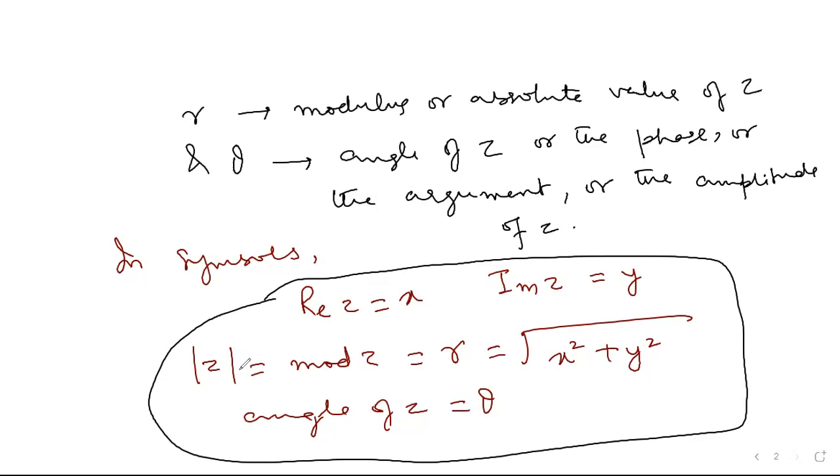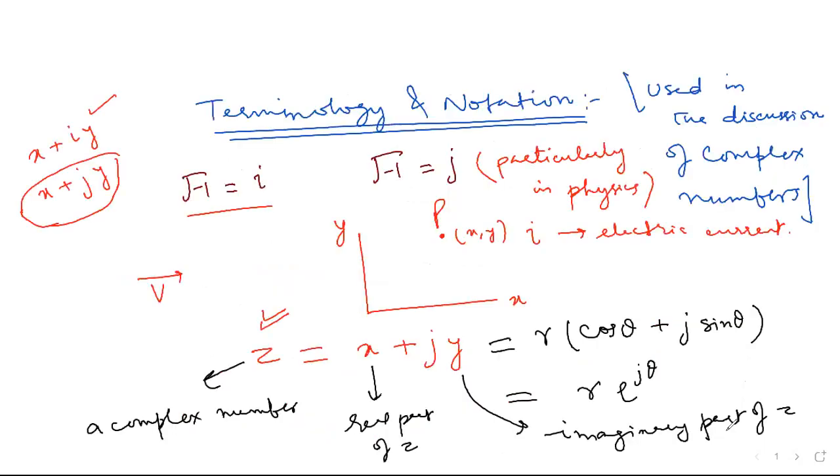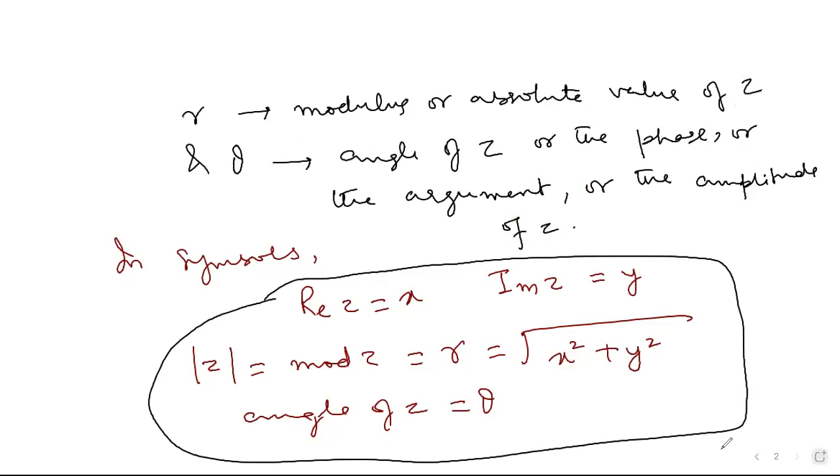Modulus of z is written as mod z, or we use these vertical lines, is r, which is square root of x square plus y square, and angle of z is equal to theta. This was about terminology and notation. So let us move to next idea which we use.